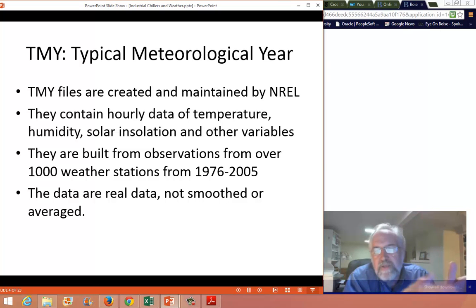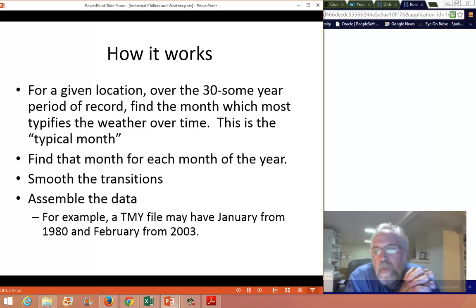And then we do the same thing and look at February and so on. And so you build this up from real data. Now, if you take a January from, say, 1980 and a February from 2003, you might have a discontinuity, so they do some smoothing over plus or minus a couple days as you transition across the months. But what you end up with is real weather data, and it represents a typical year.